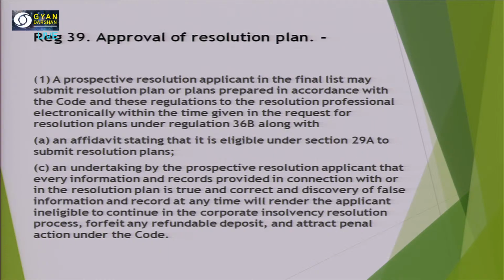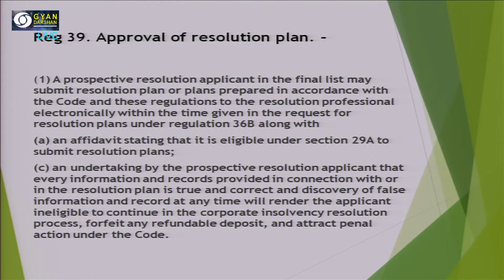Then, friends, the regulations give the process of approval under regulation 39: only the prospective resolution applicant whose name is there in the final list can submit the plan. The list is prepared after receipt of expressions of interest, for which Form G is published. So the resolution plan will be given only by a resolution applicant in the final list.